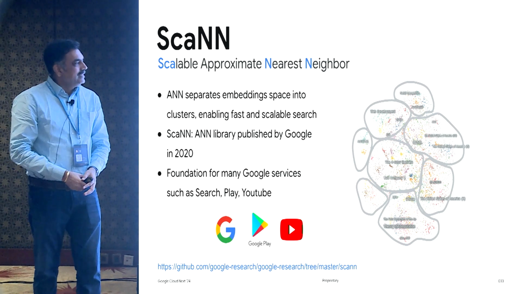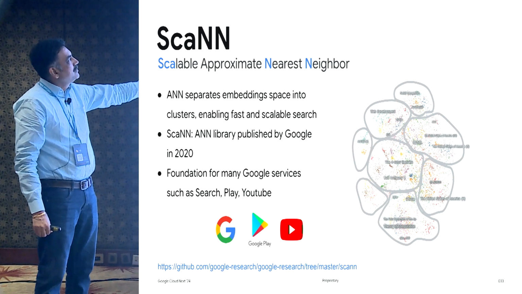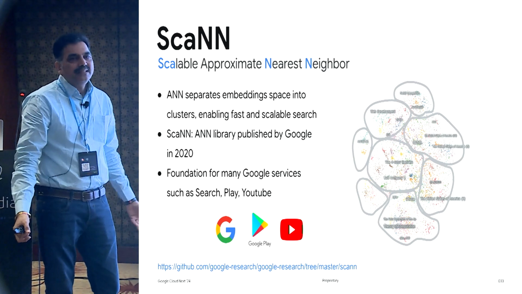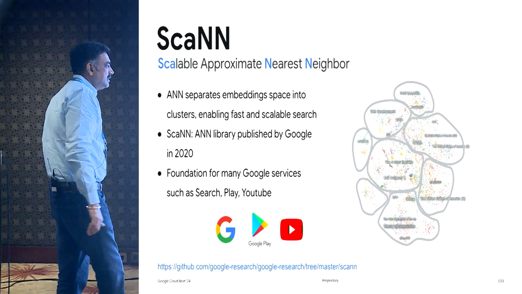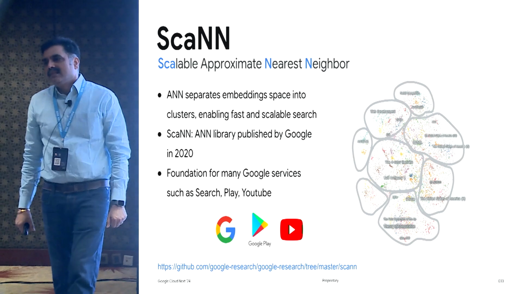What we did is we took the ANN indexes and made them scalable, because obviously we have billions and billions of users across multiple services. So we wanted a scalable index better than HNSW.